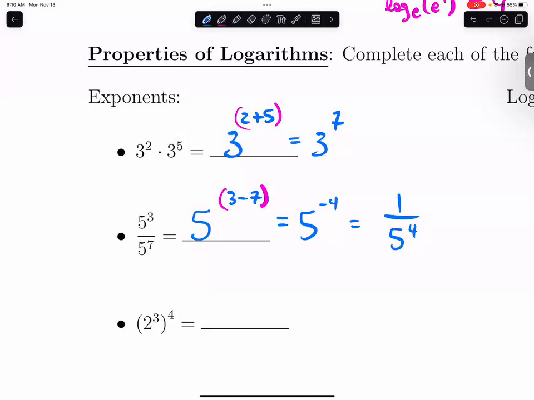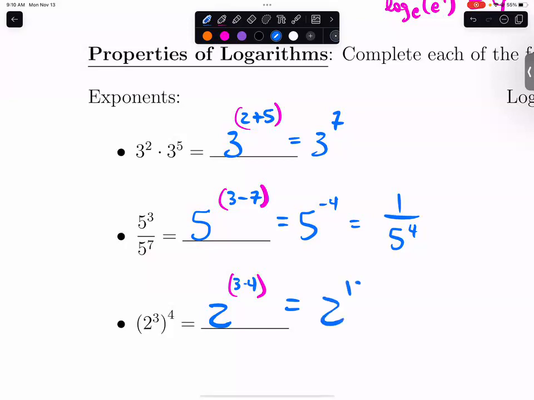So we multiply 3 times 4, or 12. Because really, this is just a shorthand, a more compact way of writing a bunch of things like this. And multiplication is just a more compact way of writing a bunch of additions when we're dealing with whole numbers.